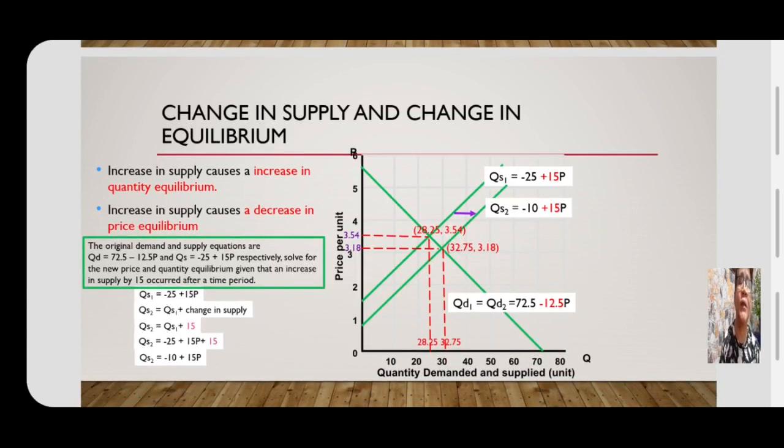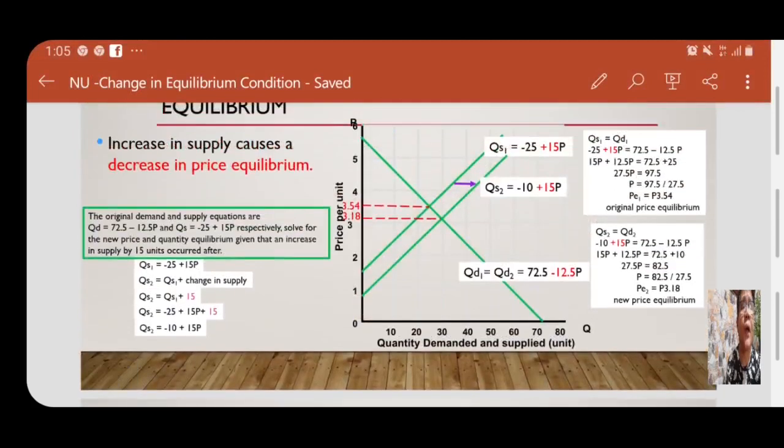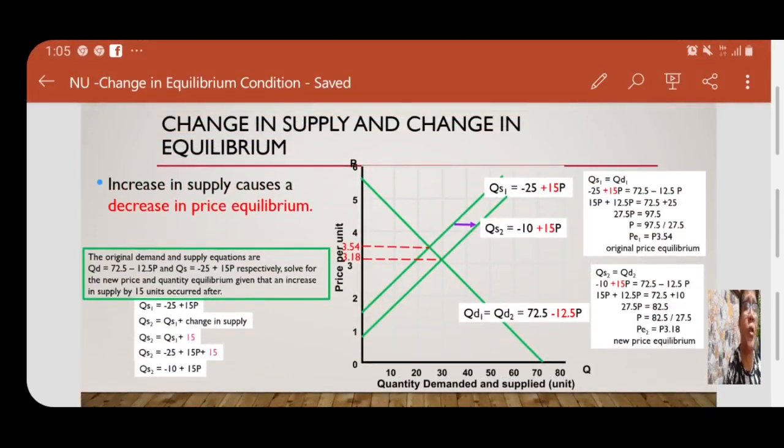So to summarize, an increase in supply causes an increase in quantity equilibrium, and an increase in supply causes a decrease in price equilibrium. If we look at the value of price equilibrium, how much is the change?